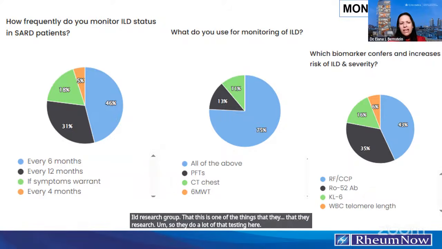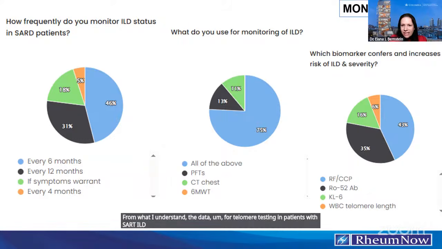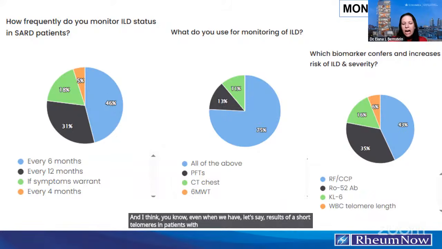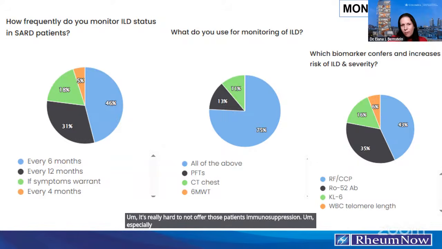I will say, from what I understand, the data for telomere testing in patients with SARD-ILD is less robust than, say, telomere testing in people with IPF. Even when we have results of short telomeres in patients with SARD-ILD, it's really hard to not offer those patients immunosuppression, especially someone with SSc-ILD or myositis-associated ILD.